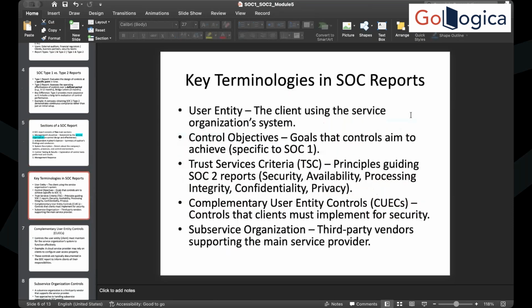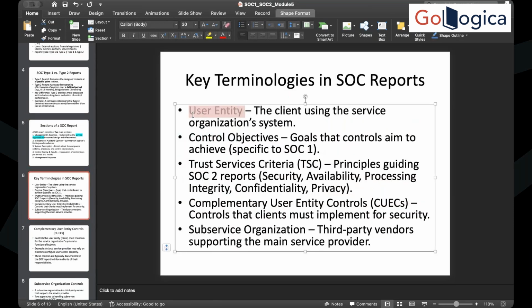Moving ahead. Key terminologies in a SOC report. User entity. I'll take the same example, okay? Shellman, Cisco, and Apple. You remember, Apple was my customer, Shellman was my auditor. So, a user entity is someone who is going to use my report. Whom do you think is going to use my report?